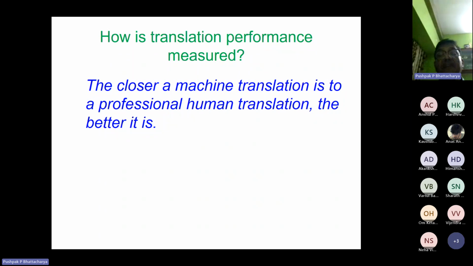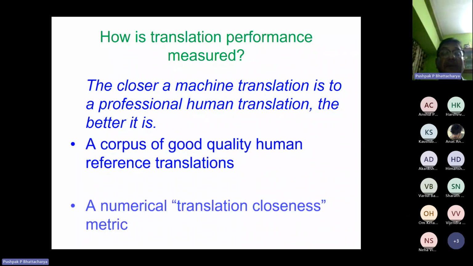So given an English sentence, let's say, there will be human translations, more than one maybe, which are Hindi sentences, and the machine's output will be compared with the human translated sentence. So it is essentially a matching task. A machine has produced a translation. This will be matched against a human translation.